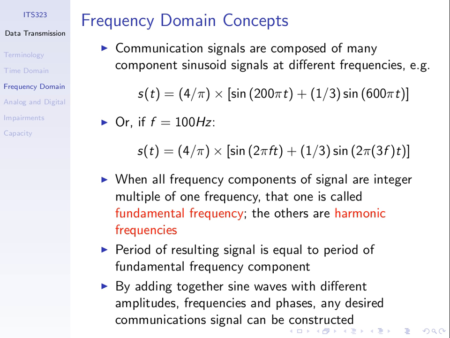What we see of these 2 component sinusoids is that they're integer multiples of one of the frequencies. This component has frequency f, this one 3f, or using our specific values, S1 of t had a frequency of 100 Hertz, S2 of t had a frequency of, what's the value? 300 Hertz, or 3 times F1.